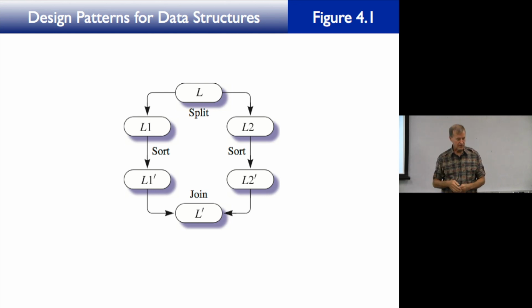Are you with me? So that's the general way that these sorts are performed. The different sort algorithms differ in the way that they split and the way that they join. But they all do split, sort the one, sort the other, and then join.